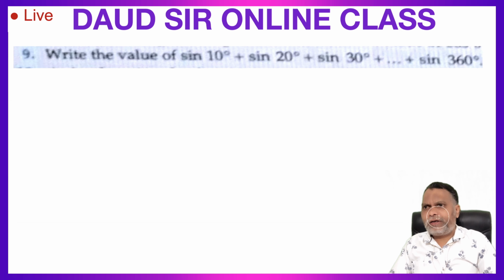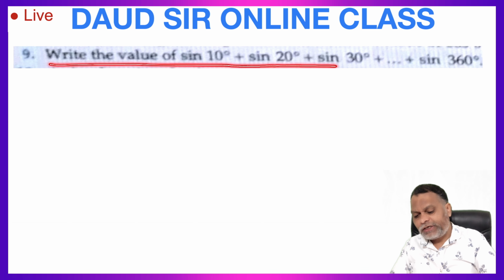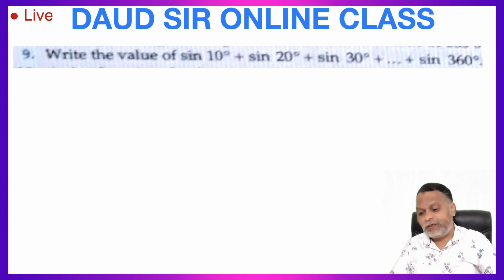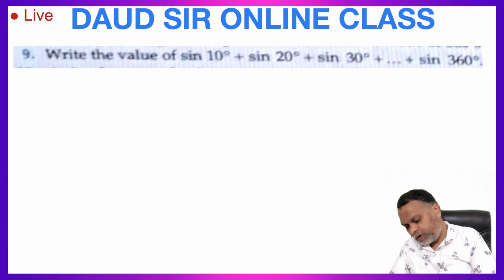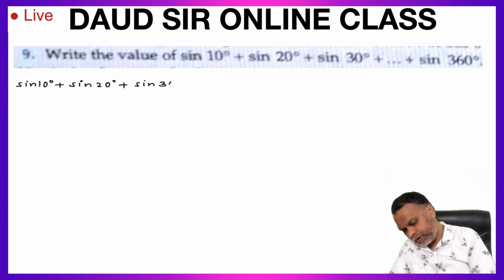Question number 9. Write the value of sine 10 degree plus sine 20 degree plus sine 30 degree plus up to dot dot sine 360 degree. We have to write its value. So sine 10 degree plus sine 20 degree plus sine 30 degree plus up to dot dot plus sine 360 degree.